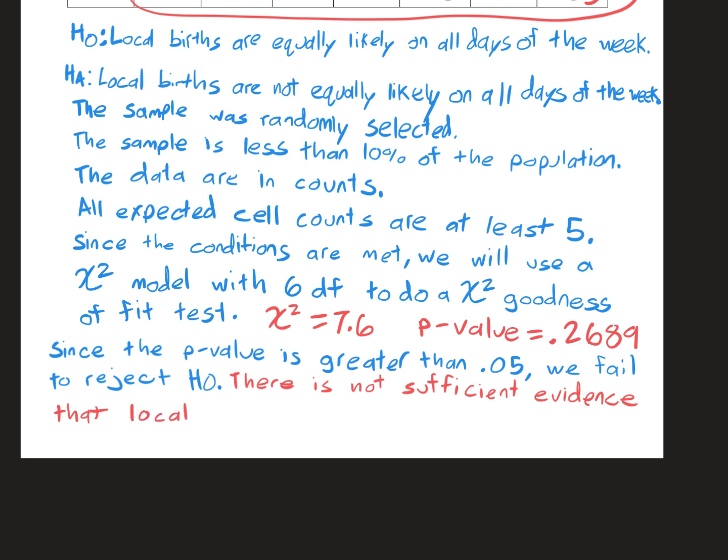Local births, and I guess our HA actually was already in context because it wasn't an equation like we used to have. There's not sufficient evidence that local births are not equally likely on all days of the week.